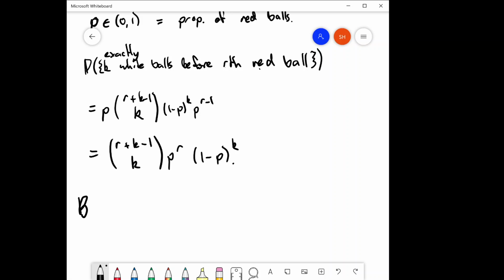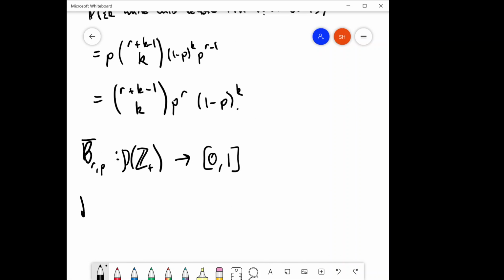In the notes, we call this B, R, P, with an overline, and this should go from the power set of the non-negative integers to 0, 1, and it should have the above distribution. So the event that we get exactly k white balls before r red balls, we want it to be this.